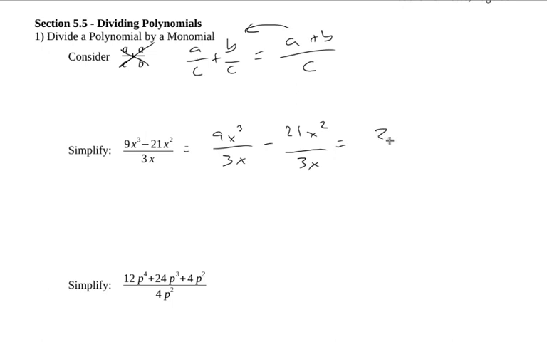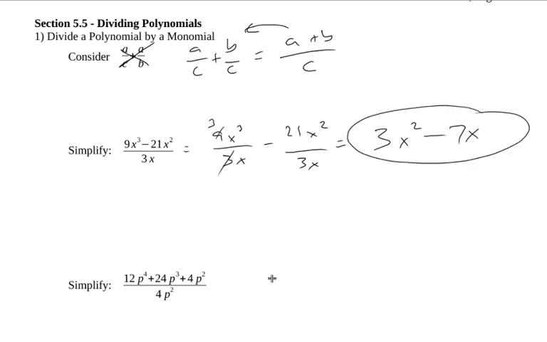When I cancel a factor of 3 here, I'm left with a 3 up top, and then x cubed over x leaves me x squared. Minus, here when I cancel a factor of 3, I'm left with a 7 and an x, so x squared over x is x. So dividing this polynomial by this monomial, I get 3x squared minus 7x.